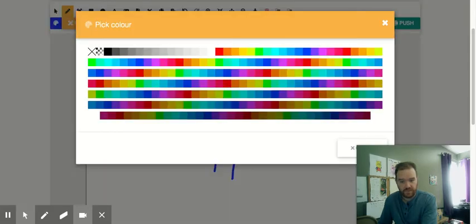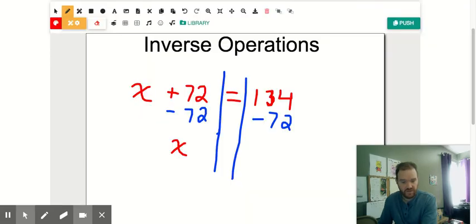I'm going to go ahead and finish this off. 4 minus 2 is 2. 3 minus 7 I can't do, so I borrow from that 1, and this becomes 13, right? And I have 6. So x equals 62. That's using inverse operation.